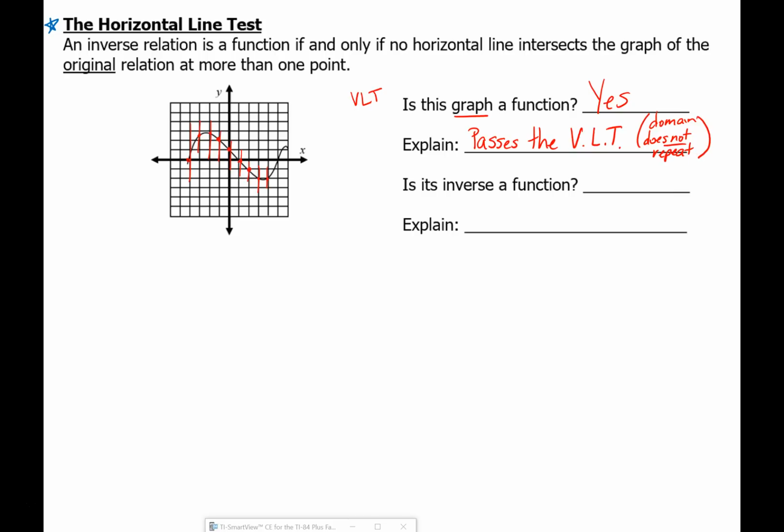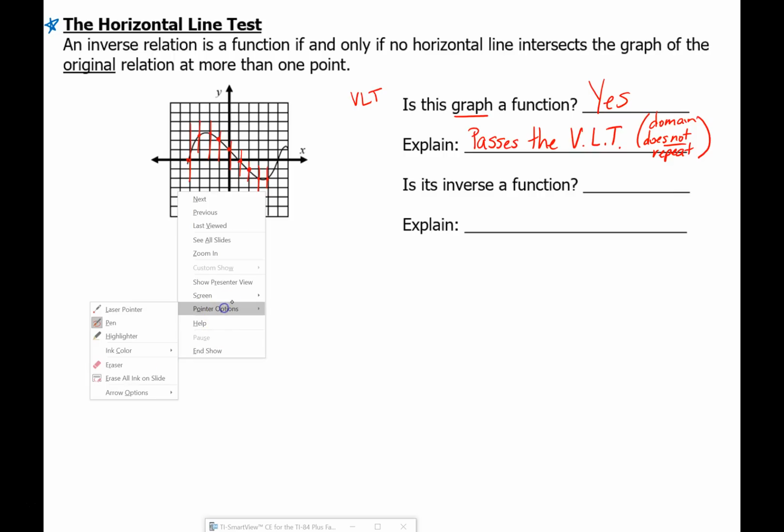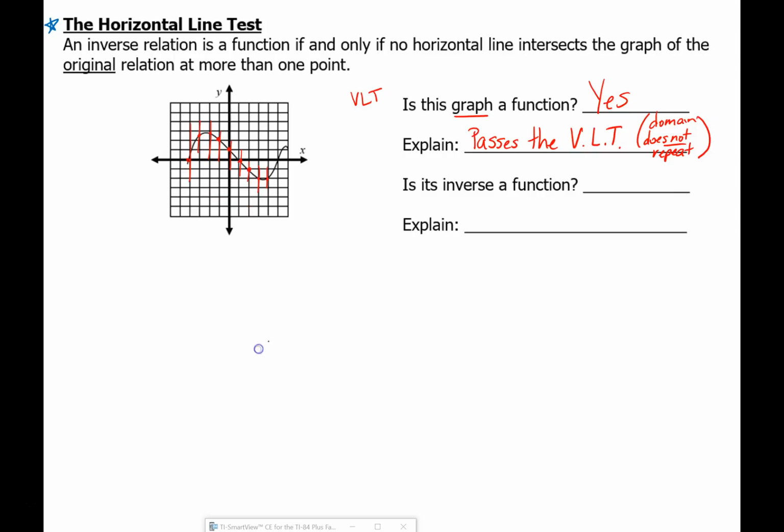All right, so now if we want to look at the inverse, I'm going to switch back to my blue color. We're still going to look at this original graph, but this time we're going to use a different test, the horizontal line test. Using the horizontal line test, if we draw a straight line across at any point we want, we're looking for, does it hit at one point or does it hit at two? And unfortunately, it hits at multiple points on the horizontal lines that I've drawn.